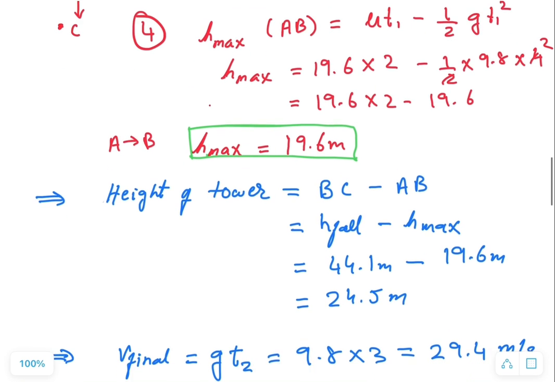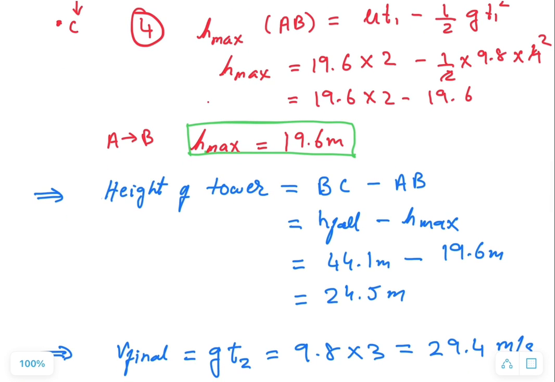Now on substituting the values, which is 44.1 meters for H fall and 19.6 meters for H max AB. So 44.1 meters minus 19.6 gives us 24.5 meters. This is the height of the tower. This is our first answer.